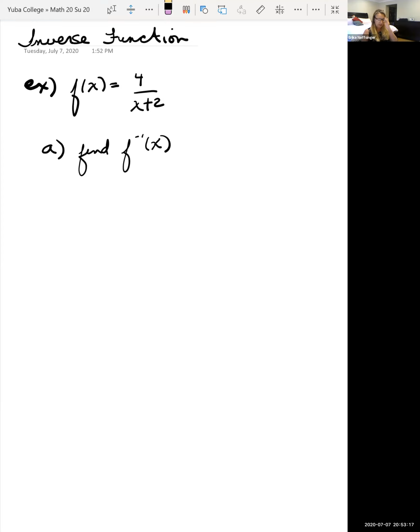Okay, so first step, we're going to rewrite f of x as y. So this is y is equal to 4 over x plus 2. Swap x and y.